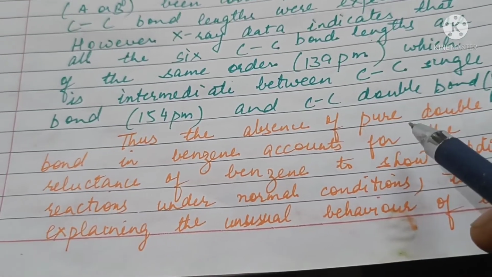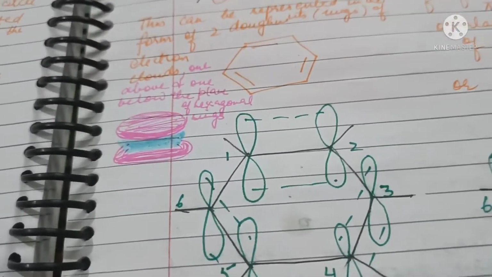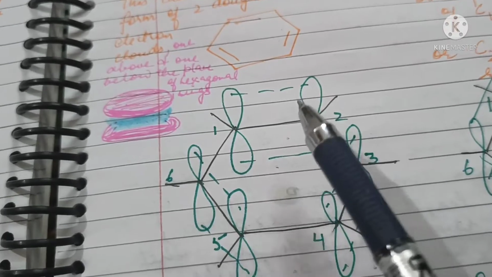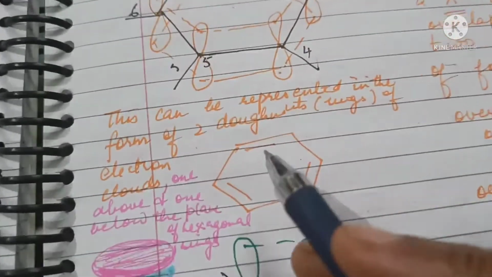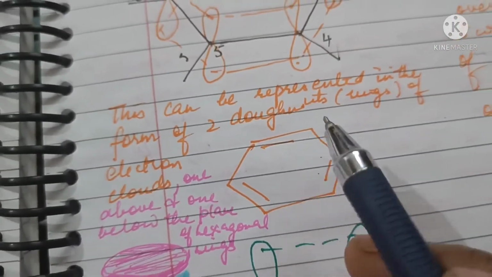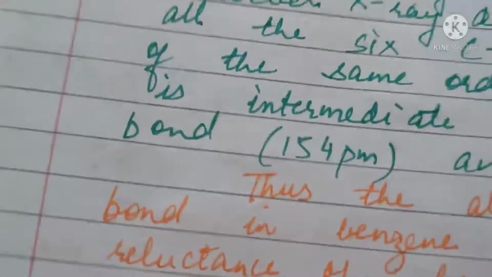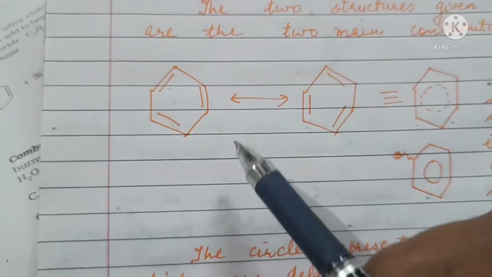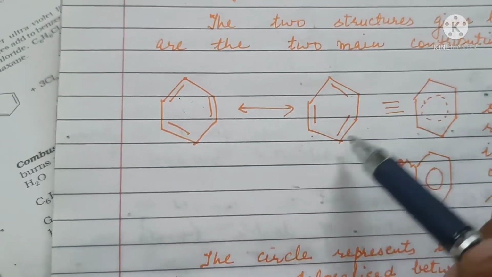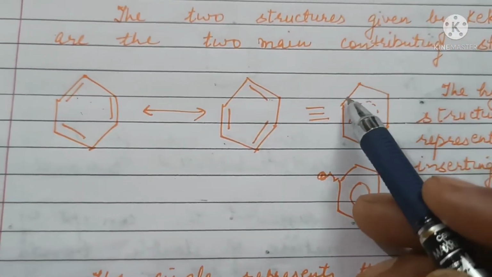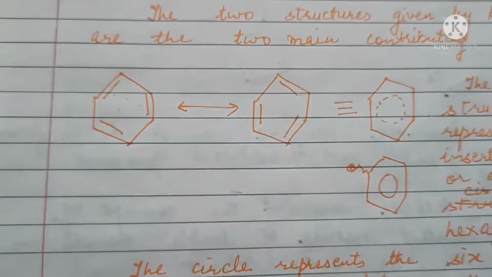So we see that the bond is actually not purely a double bond, it is in between double and single. The absence of a pure double bond explains why benzene does not undergo addition reactions and undergoes substitution reactions, thereby delocalizing the pi electron cloud on all the 6 carbon atoms, which can be rightly shown by this resonance hybrid of benzene.